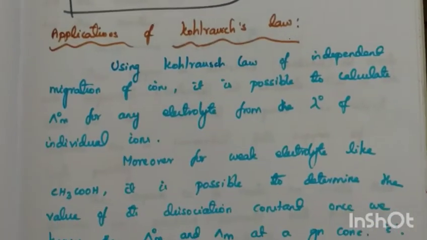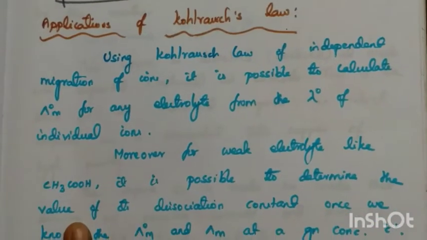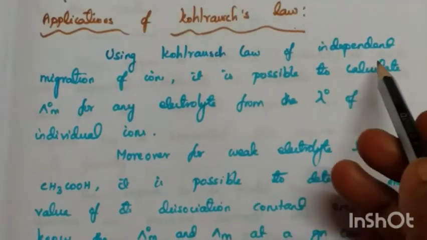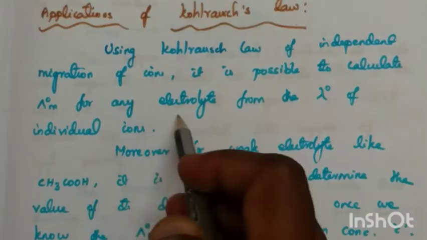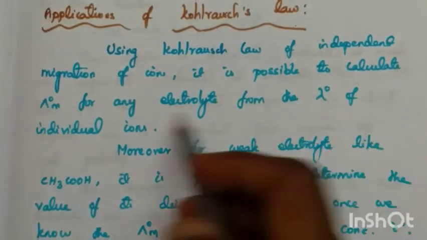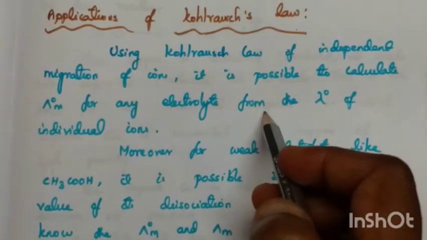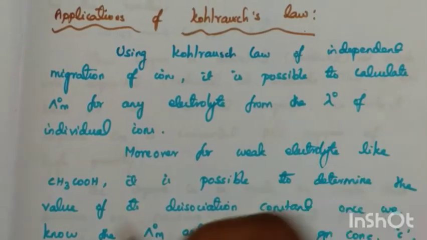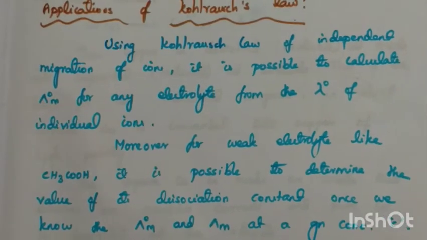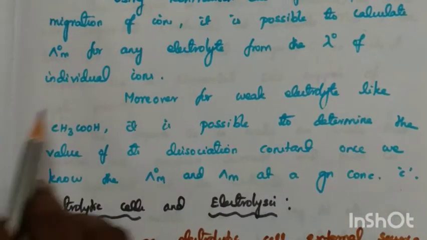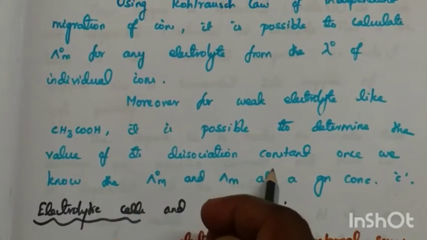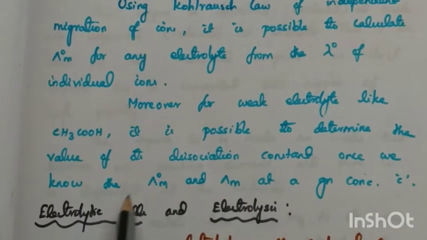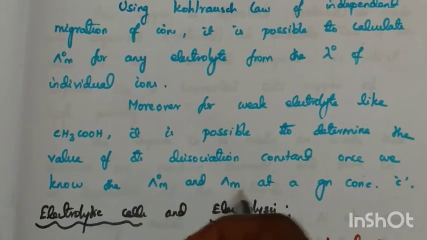What are the applications of Kohlrausch law? Using Kohlrausch law of independent migration of ions, it is possible to calculate Λm⁰ for any electrolyte from the Λ⁰ of the individual ions. Yes, total conductance is equal to the sum of the individual ions' conductances, no? Moreover, for a weak electrolyte like acetic acid, it is possible to determine the value of its dissociation constant once we know the Λm⁰ and Λm at the given concentration.